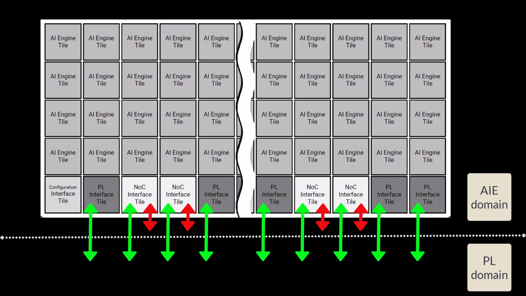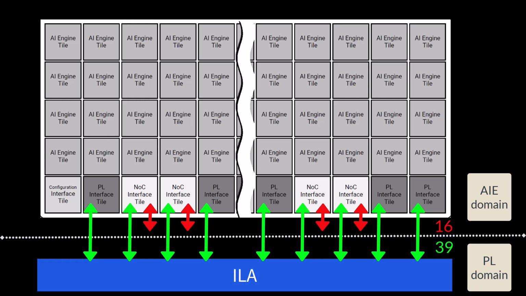The total is then 39 columns with interfaces between the PL and AIE, of which 16 also incorporate NOC AIE interfaces. The key point here is that most of the data flowing in and out of the AIE array in a typical design is between the PL and AIE domains and can be captured by the ILA.